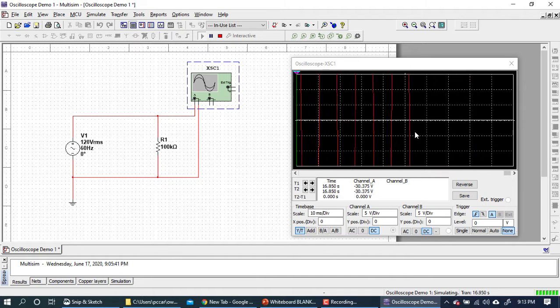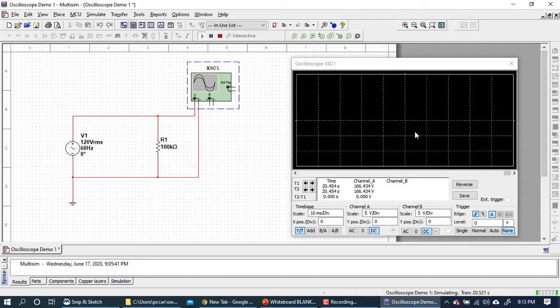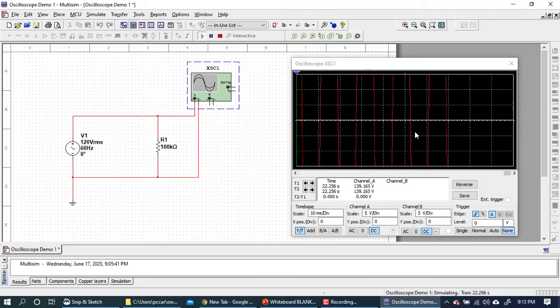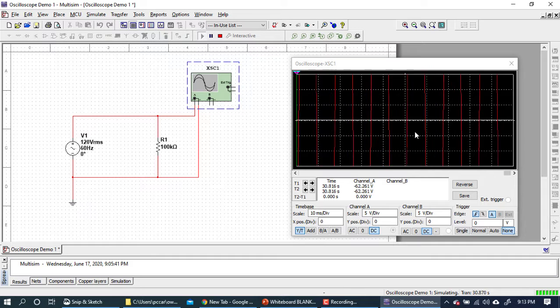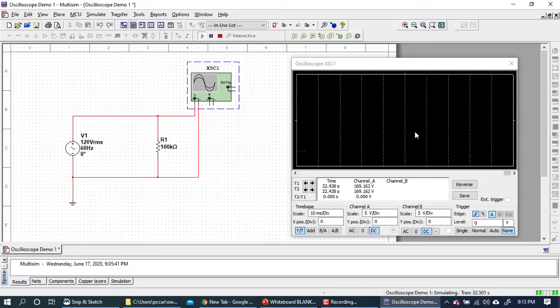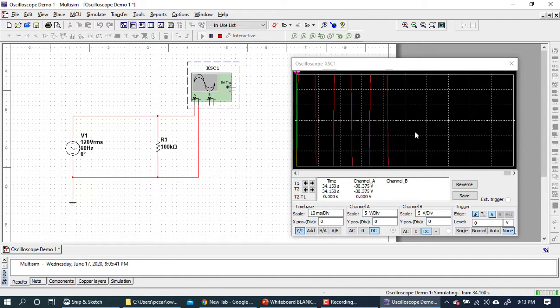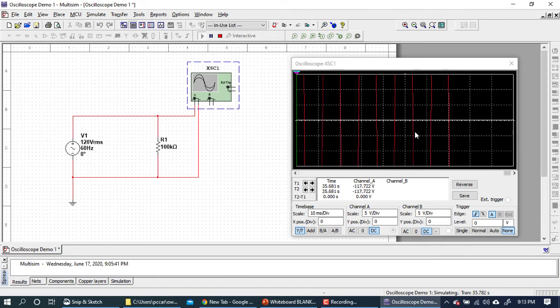Most of the time, the waveform is not going to look properly on the screen because the settings or the adjustments on the oscilloscope have not been customized or set properly for the signal that we're looking at. And so that's the case here. And after you get some experience with oscilloscopes, you'll be able to get a guess of what's going wrong or not right on the screen, and you can make adjustments accordingly.